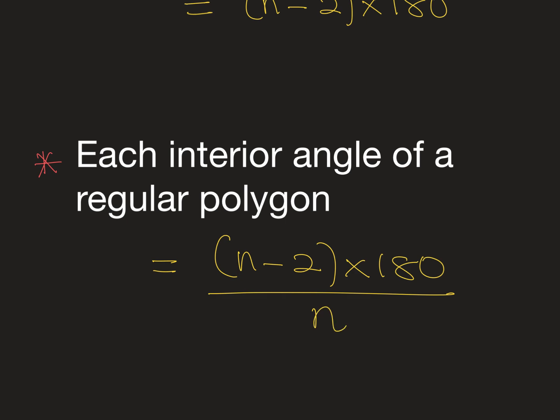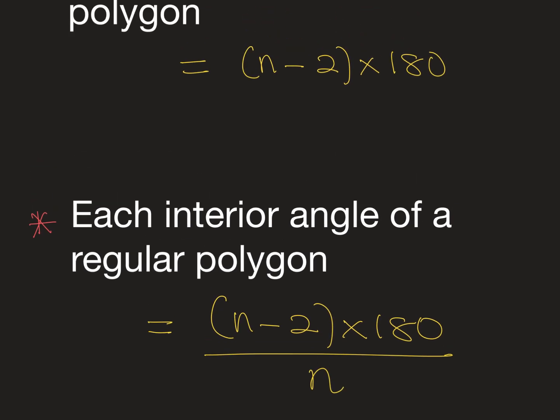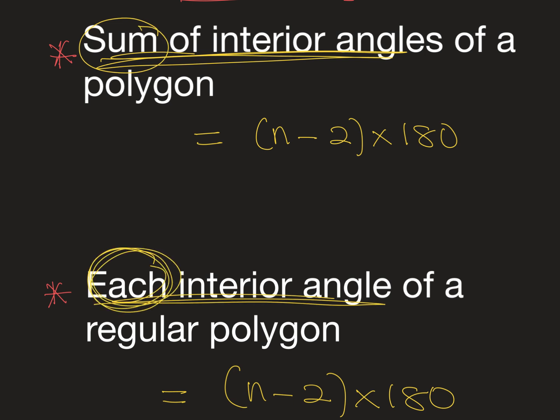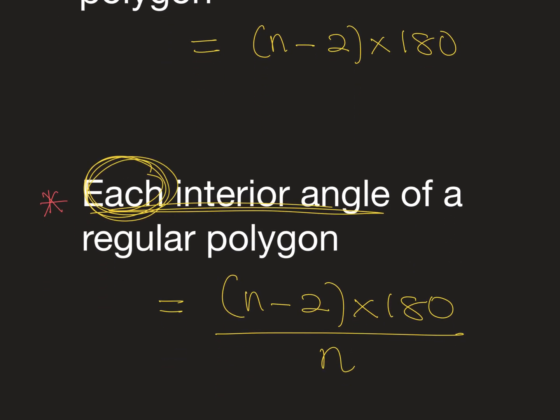Okay? So do not confuse each interior angle with the sum of the interior angles. The sum and each are different. So if they mention just interior angle, they are talking about each interior angle. Okay? Do not confuse. Whether you call it each interior angle or simply interior angles, this is the formula if the polygon is regular.